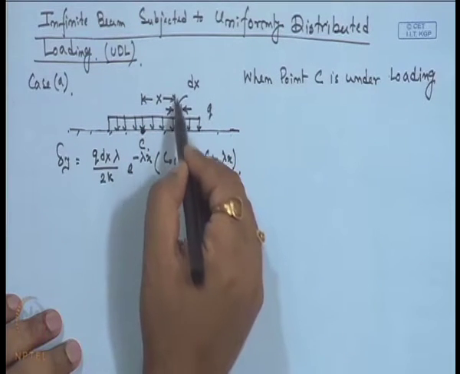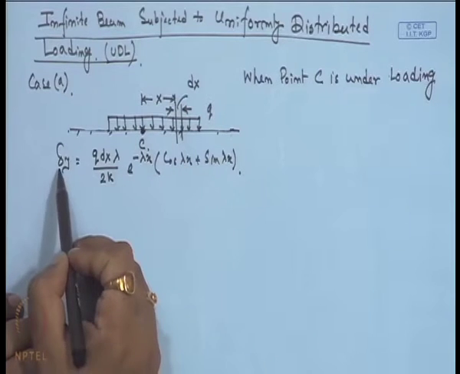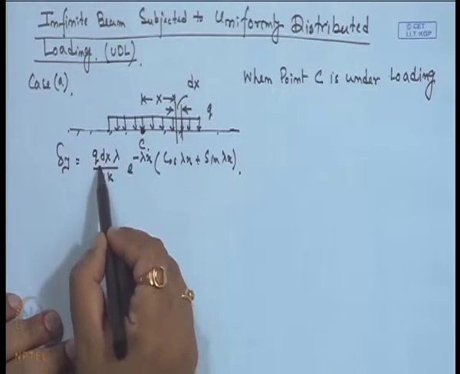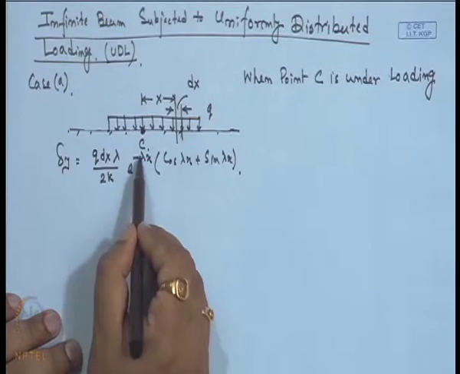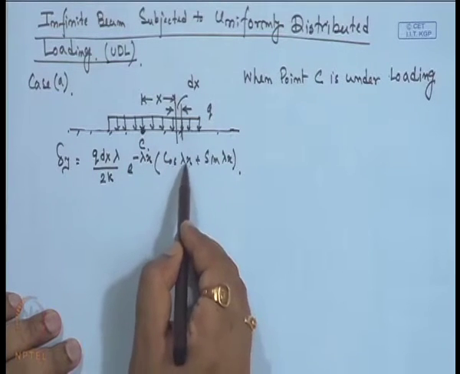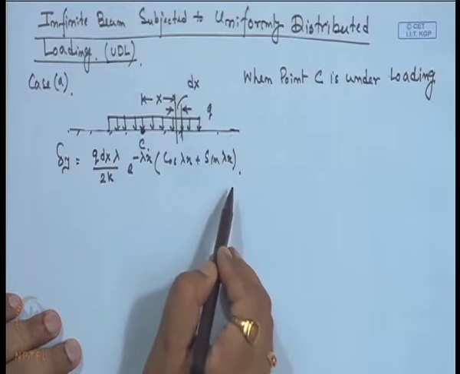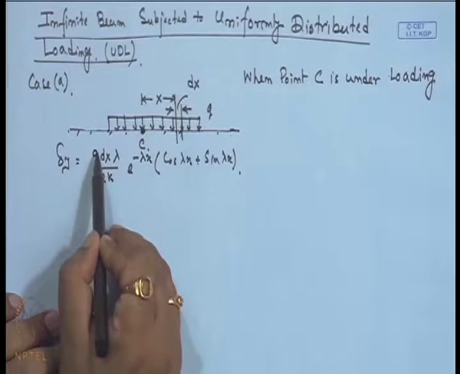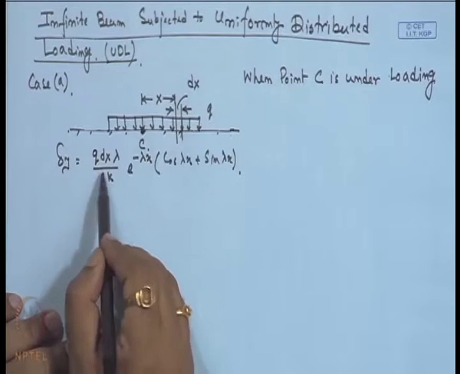For the concentrated load, the deformation expression is P lambda by 2k e to the power minus lambda x into cos lambda x plus sin lambda x. Here P we can determine by q into dx.